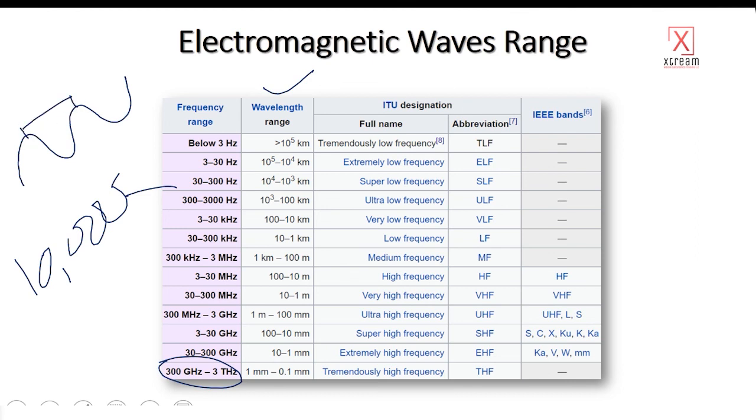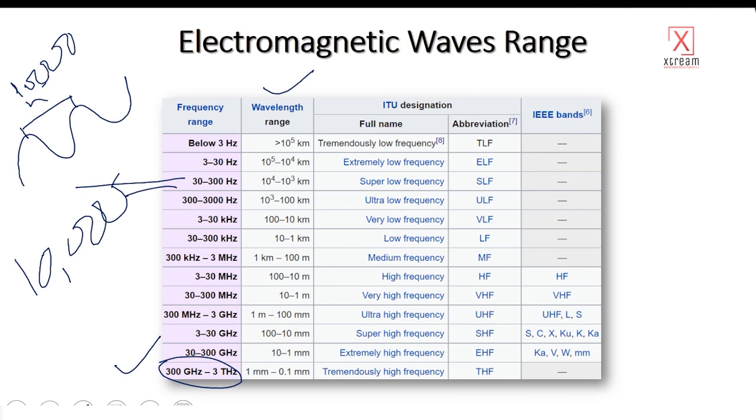So the distance between these 2 points, in this case for 30 to 300 hertz, if I take the 30 hertz, this distance will be 10 power 4 kilometers. So it's a huge distance.